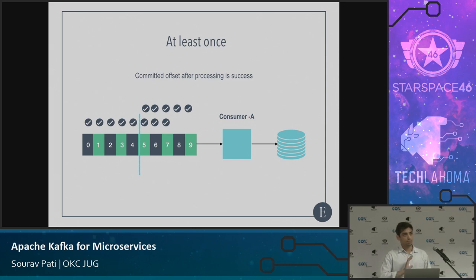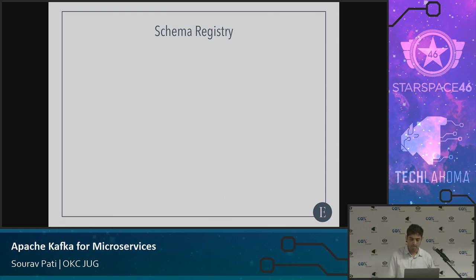But if you make the ID in such a way that every time it commits, it goes with the ID and tells Kafka, hey, this is my ID and this is the last message I received, there are ways to deal with that.